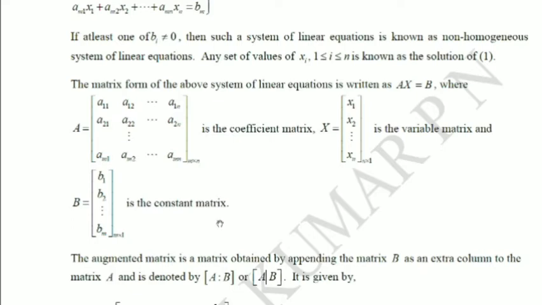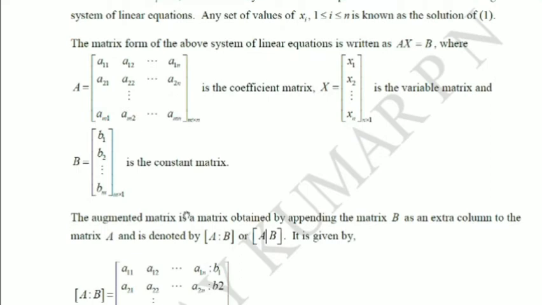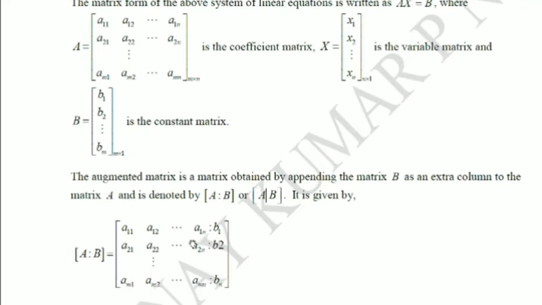Now here, in the case of a non-homogeneous system of equations, we construct one more matrix called the augmented matrix. Augmented matrix is nothing but the augmentation of matrix A with B. That means you write down the matrix A and write one extra column.